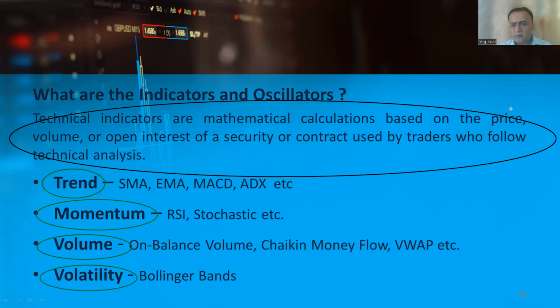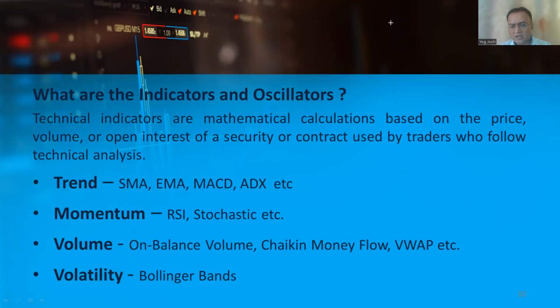So if I am following technical analysis, I am using some indicators and oscillators, and they derive from the closing price, volume, current price, the high, the low. These are specific mathematical formulas. If we put in a value that comes from the actual charts, they produce some outcome value.